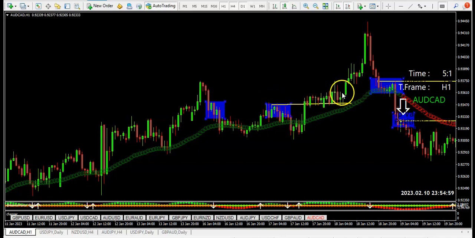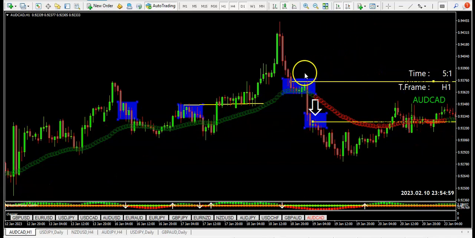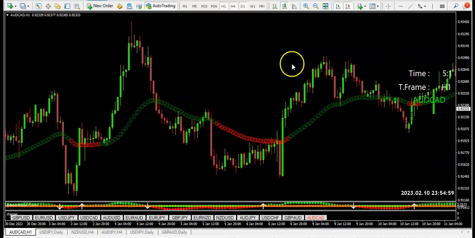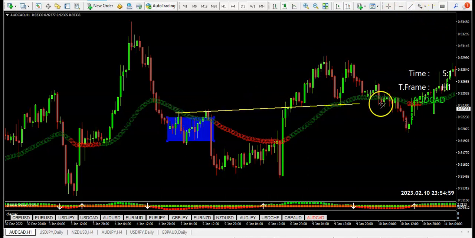And it broke it, and then it just did the same thing. So, right here, structure, broke it, tap back into it, see? And it's the same game, people. All this structure, you get trades out of that.